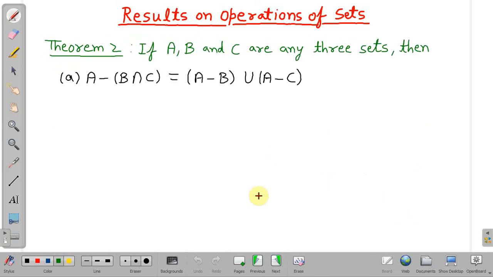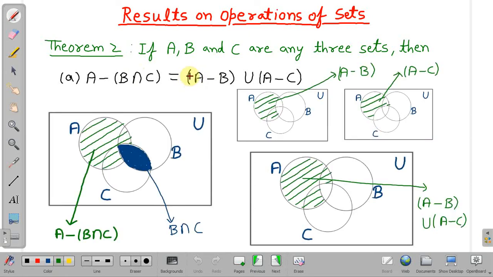The next theorem: if A, B and C are three sets, then A minus B intersection C will be equal to A minus B union A minus C. This result we will try to verify using a Venn diagram. First we will see the LHS.